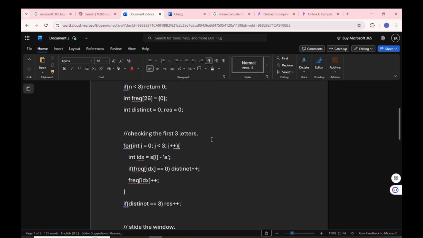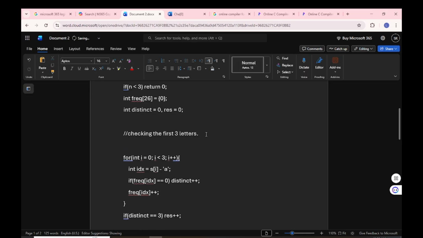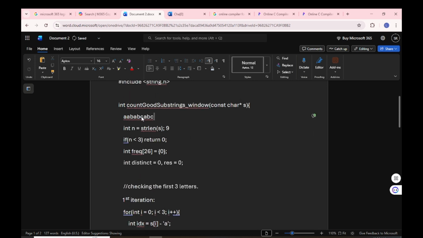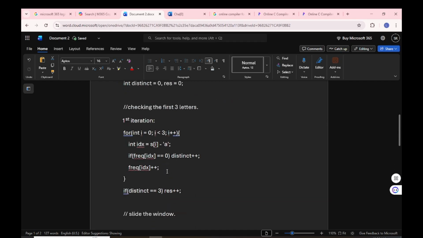So if we just take the first iteration, we are checking the first 3 letters, right? So if we take these, I starts from 0, then s[i] minus a.